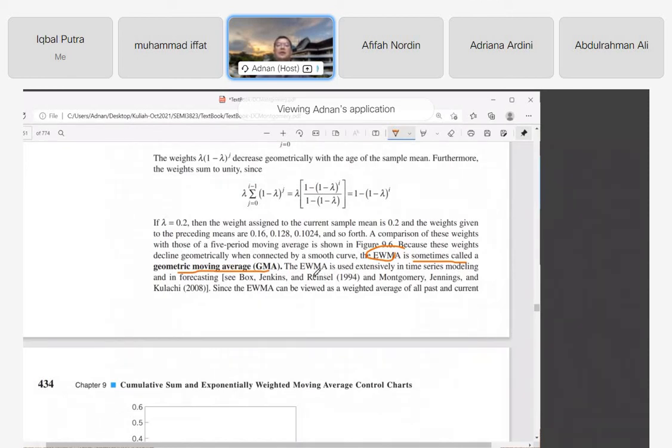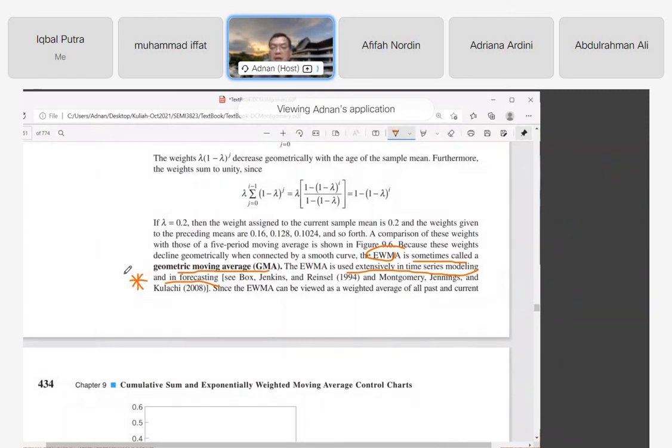EWMA is used extensively in time series modeling and in forecasting. So it's not only for control chart process monitoring, but also for forecasting. Forecasting for what? For example, you want to forecast customer demand for a certain product. We can use this method as well.